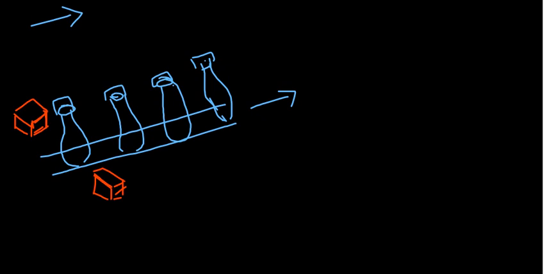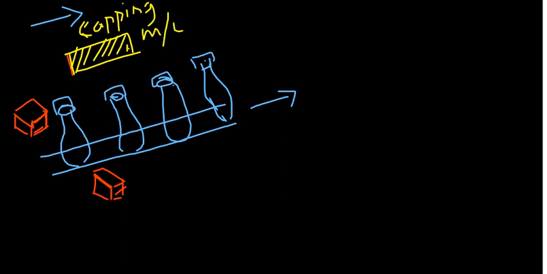That is one thing. Then you have one more, which I can call a capping machine. I just draw a rough diagram here. This is capping. This is the capping machine, something like this.